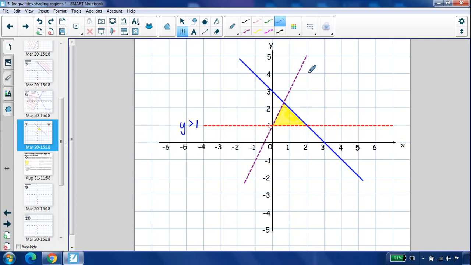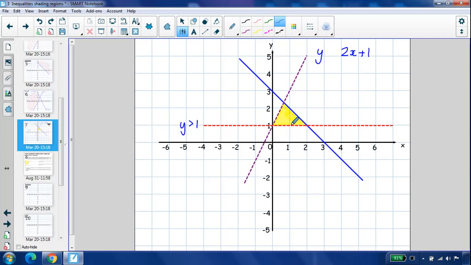Let's move on to the purple dotted line now. So I've got a y-intercept of 1 and a gradient of 2. So I'm going to have y, I don't know the sign yet, 2x plus 1. The sign is either going to be greater than or less than again, but I've just got to work it out.